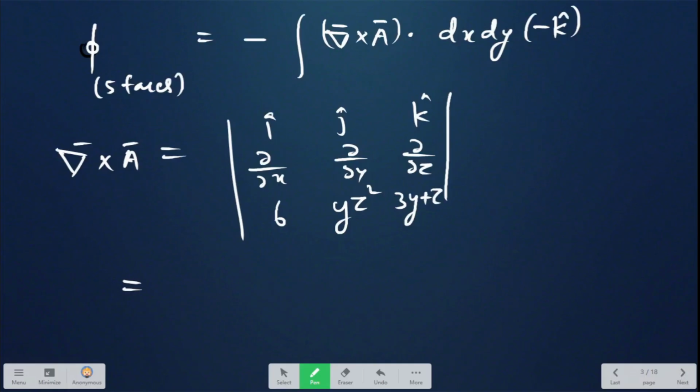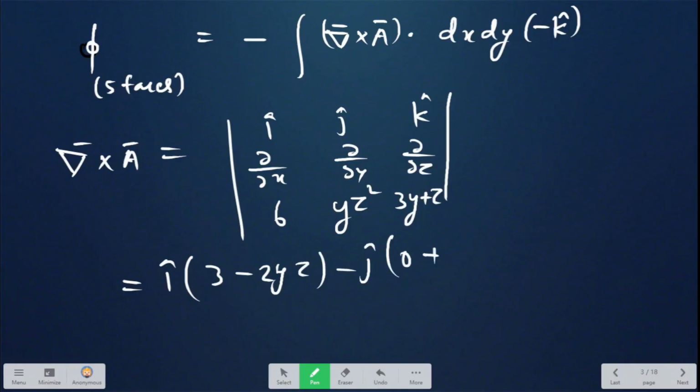This is equal to i cap times (del by del y of (3y plus z), which is 3, minus del by del z of yz square, which is 2yz), minus j cap times (del by del x of (3y plus z), which is 0, minus del by del z of 6, which is 0), plus k cap times (del by del x of yz square, which is 0, minus del by del y of 6, which is again 0).